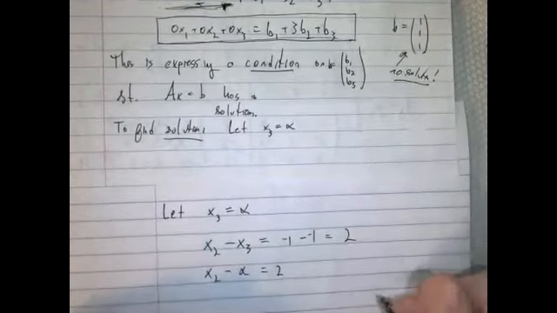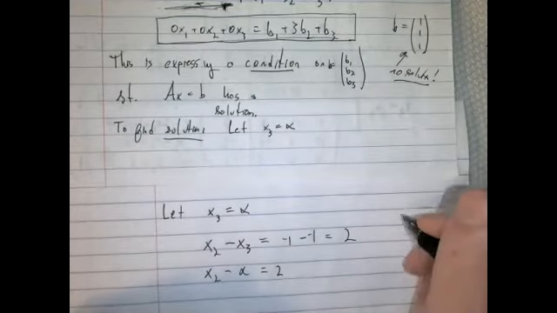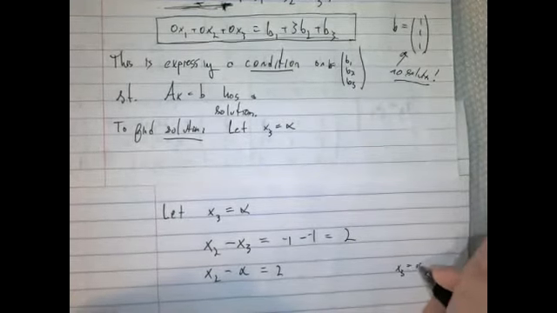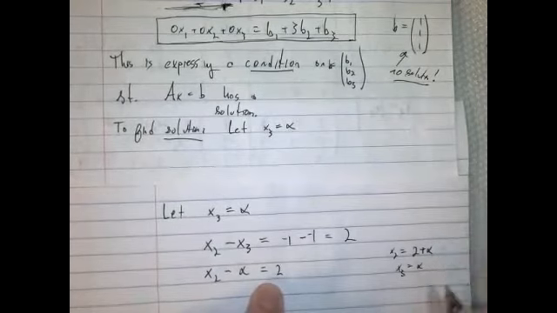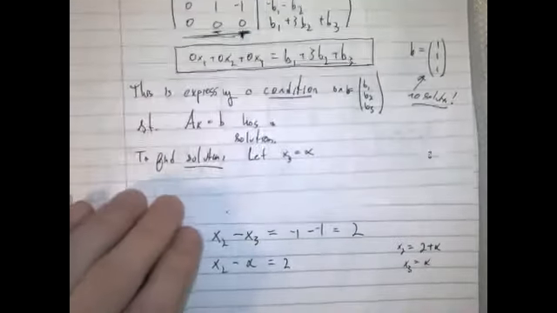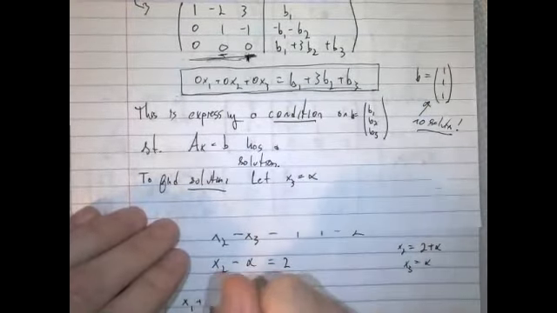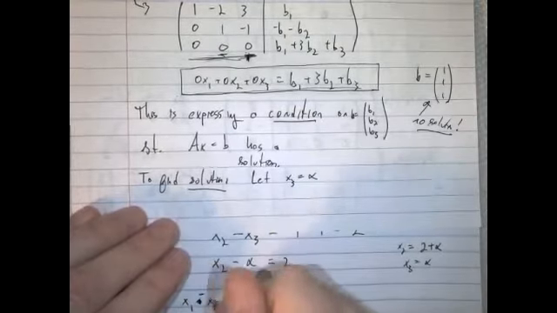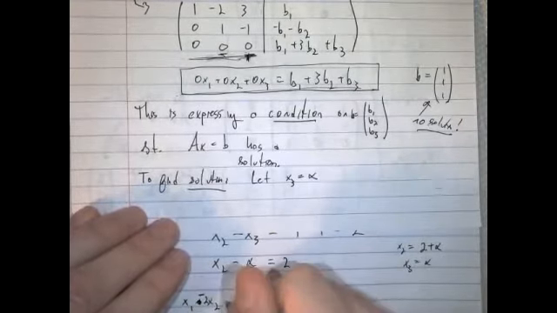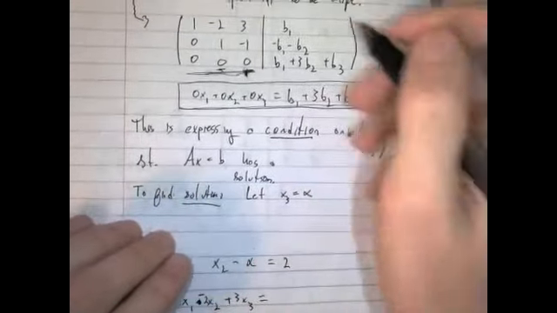So thus far, my solution looks like x3 is equal to alpha, x2 is equal to 2 plus alpha, and then lastly, this top condition says x1 minus 2x2 plus 3x3 is equal to b1.